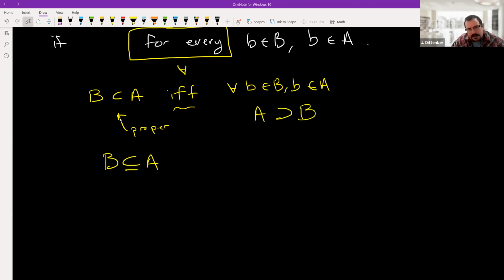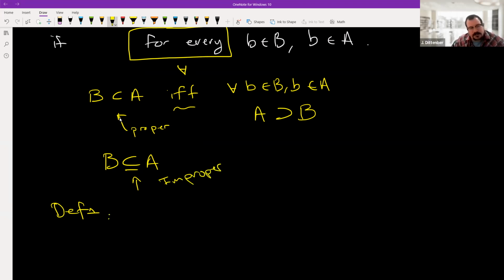So this is saying B is a subset of A, this is saying A contains B. But you also have the situation where it's possible that B could be equal to A. And in fact, that's a whole other definition called set equality. So this would be improper subset if it's possible for B to also be equal to A.